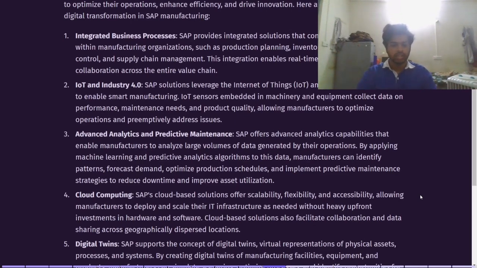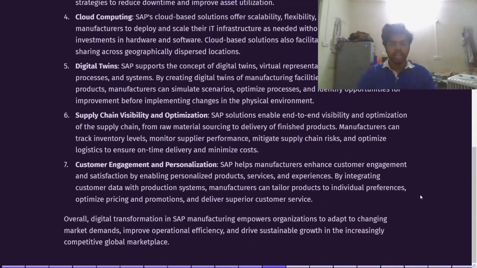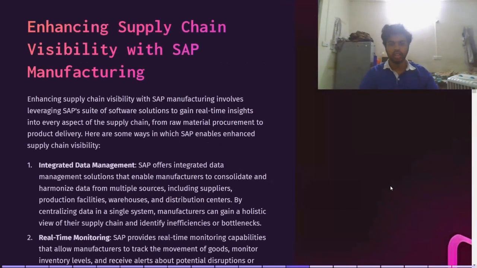Then comes supply chain visibility and optimization. SAP enables end-to-end visibility and optimization of the supply chain. Then comes customer engagement. SAP enhances customer engagement through personalized products and services. Overall, digital transformation in SAP manufacturing improves efficiency and drives growth in the global marketplace.